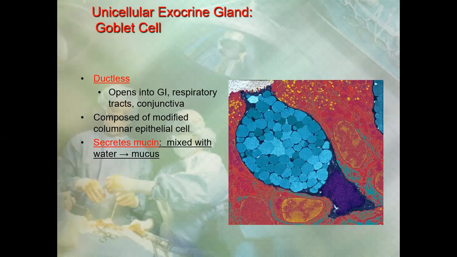He is a ductless exocrine gland. So although endocrine glands traditionally are the ones that do not have a duct, the exocrine goblet cell also fits that physiology. And obviously creates mucus.